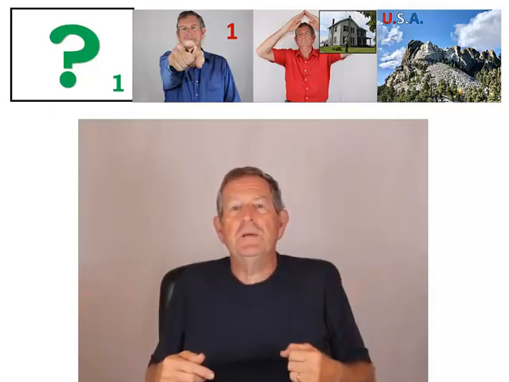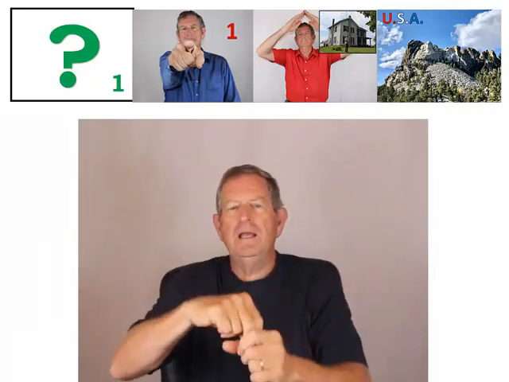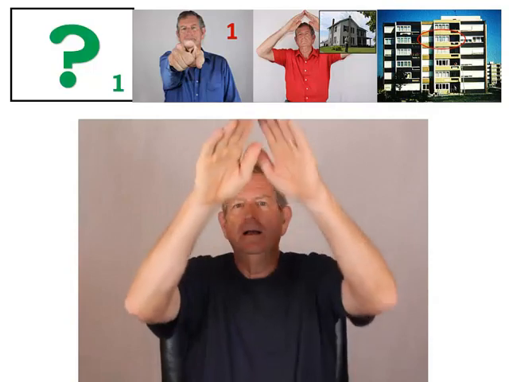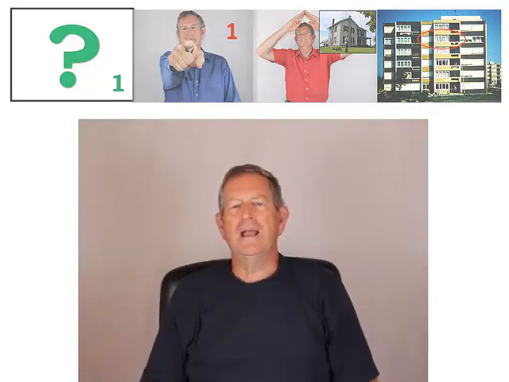You said, Mr. Nesbitt, Steve, do you live in the United States? Yes, I live in the United States. Okay? Ask me the second question. Right, okay. No, I don't live in an apartment. I live in a house.